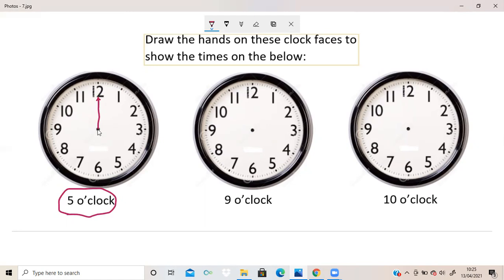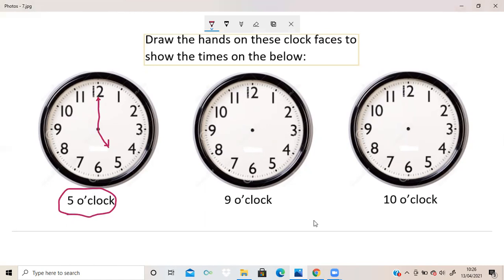And the hour hand should point on 5 here, like this. And the hour hand should be a bit smaller than the minute hand. So this is the way to draw the hands on the clock face for this time.